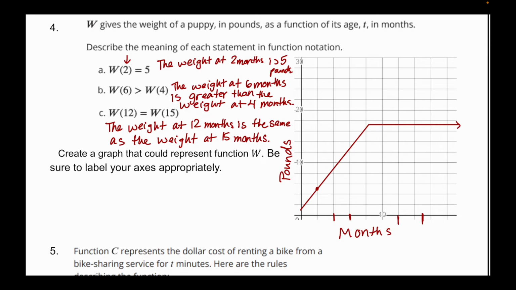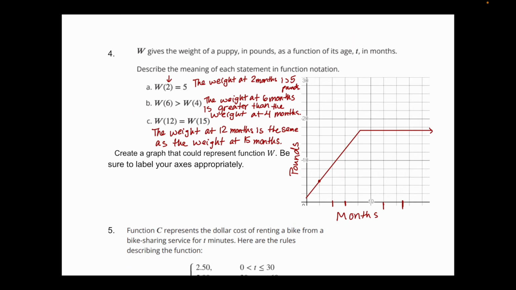But it does satisfy all of these conditions here. And that is our important point. It's okay to have straight lines here, although curves might be appropriate as well. You just need to make sure that your graph satisfies all the conditions given to you and is reasonable.